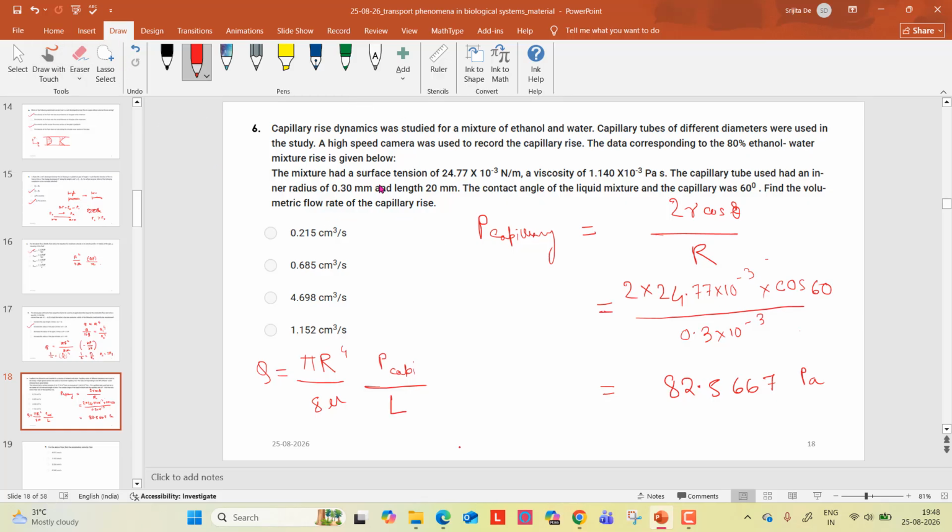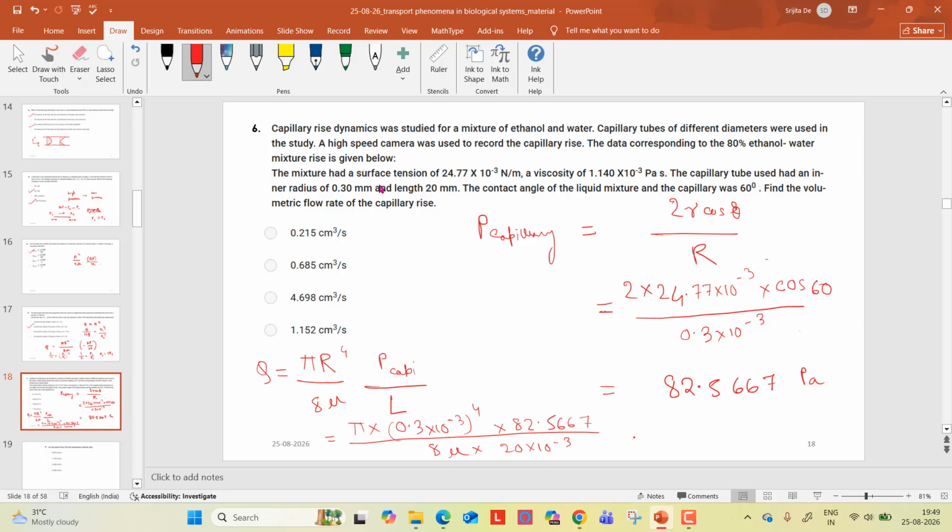Also, you can do it here only. So pi r to the power 4 is 0.3 into 10 to the power minus 3 whole to the power 4 into 82.5667 divided by 8 mu L is 20 into 10 to the power minus 3.